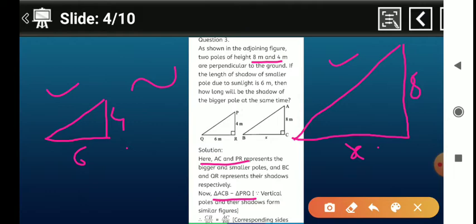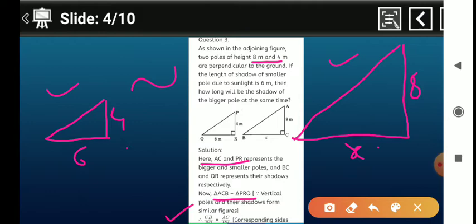See the reason: because vertical poles and their shadows form similar figures. So these two triangles are similar because the vertical poles and their shadows form similar figures. And if these two triangles are similar, then we can write their sides in proportion, or we can take their ratio. So see the ratio here.